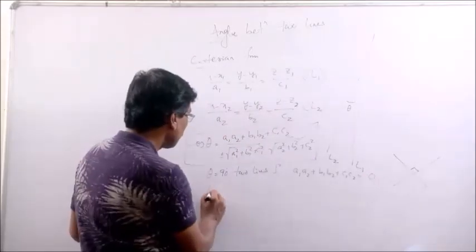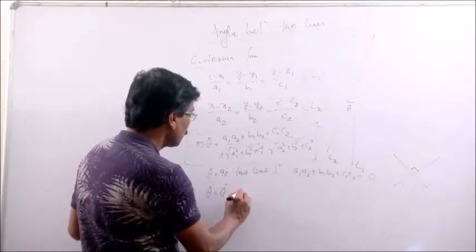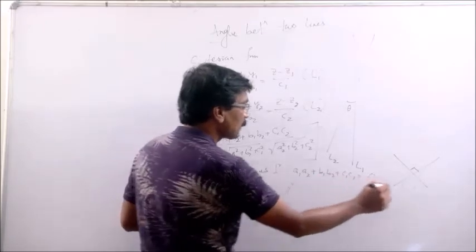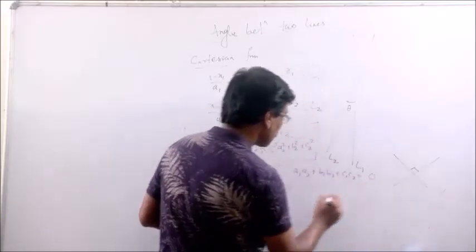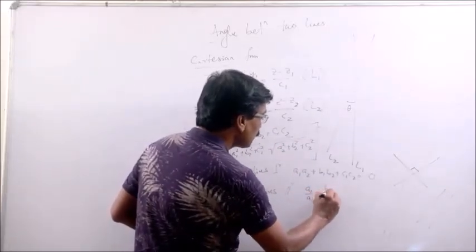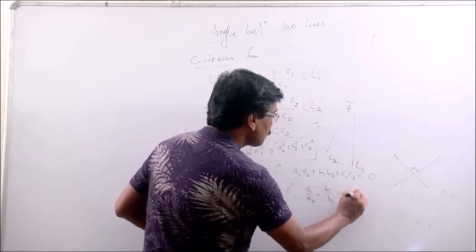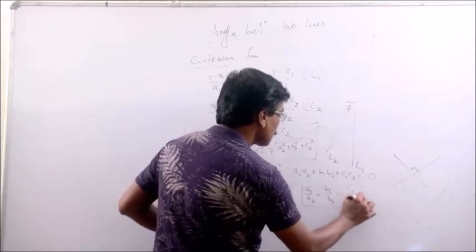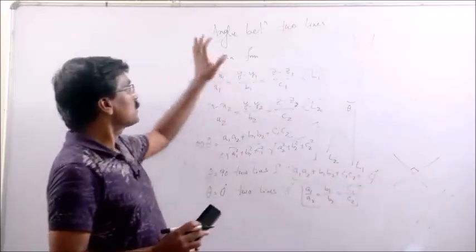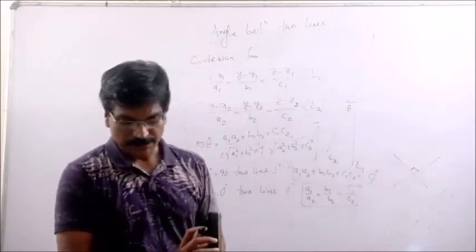Similarly, if theta is equal to 0 degrees, the two lines are parallel, and the condition is A1 by A2 is equal to B1 by B2 is equal to C1 by C2. So this is the condition of perpendicularity and parallelism, in Cartesian form.